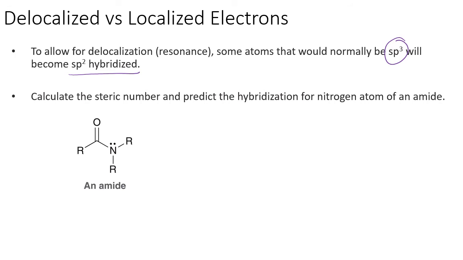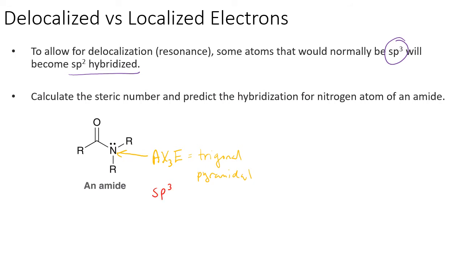If we look at our nitrogen and figure out what the hybridization is there, this would be considered AX3E. We have 3 bonding sites around that nitrogen and 1 lone pair. And so normally we would say this is trigonal pyramidal. And the hybridization of something like this we would know is sp3.